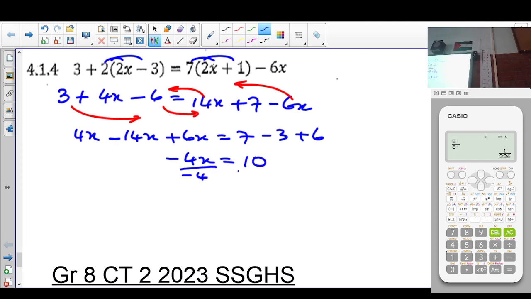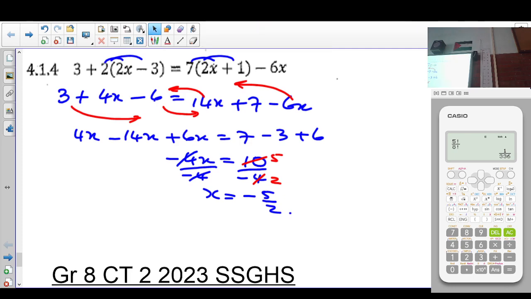So I divide by negative 4 both sides. What's positive divided by negative? Negative. 2 goes into here twice. 5. It will be 5 over 2. Is that correct? Now I'm feeling better about myself. You see?